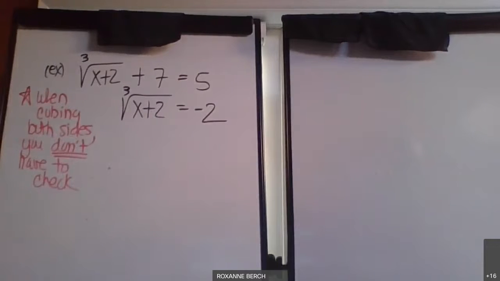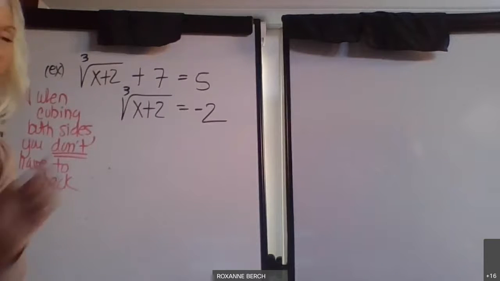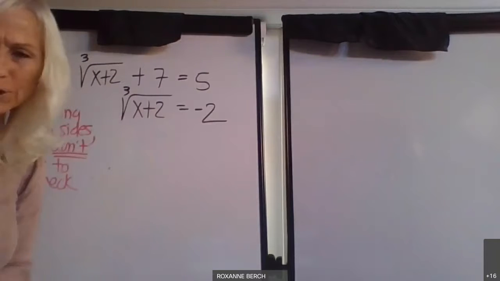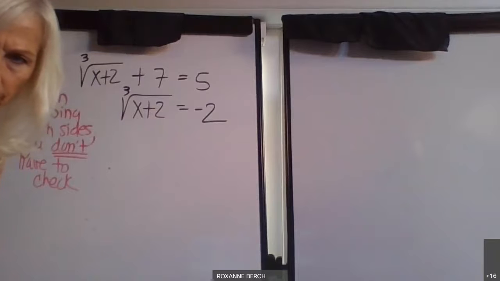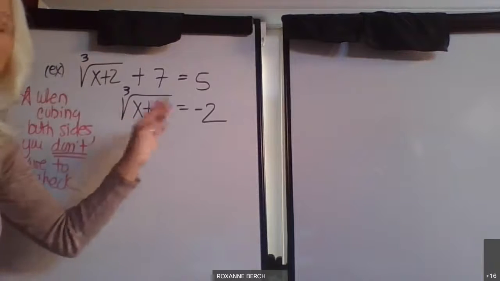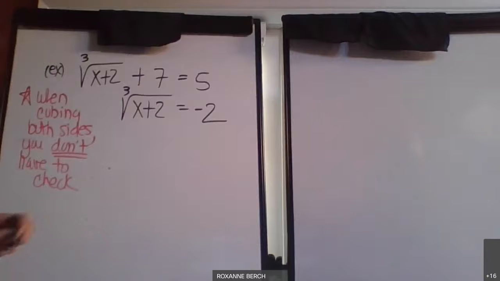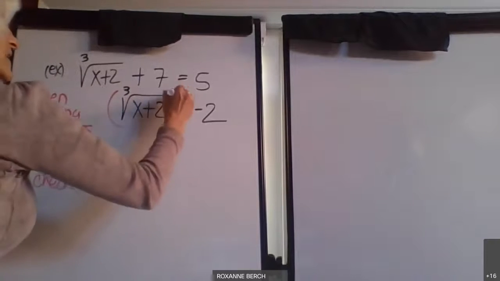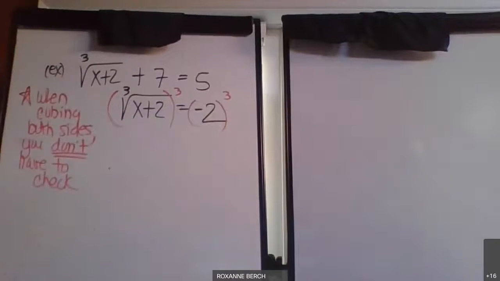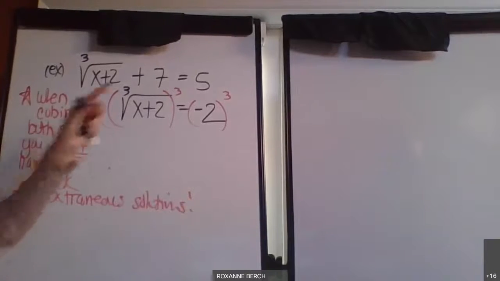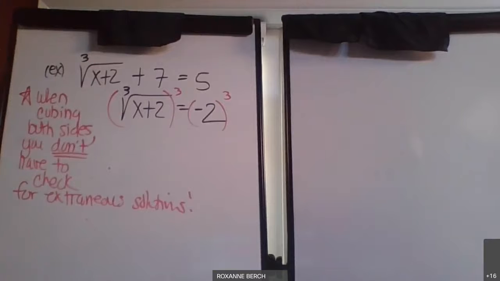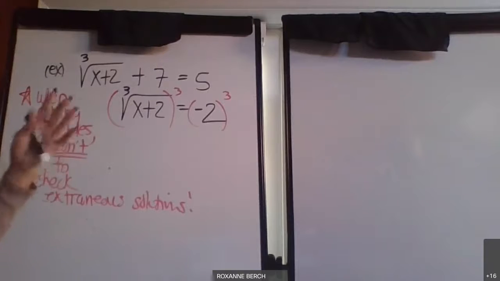I just want to make a comment here. If you look up here real quick, if this is a square root, no solutions, right? Because a square root cannot equal a negative. But a cube root can. So when you cube both sides, you don't have to check for extraneous solutions. So anything that's odd, you don't need to check. Anything even, like squaring, fourth, whatever, you have to check.